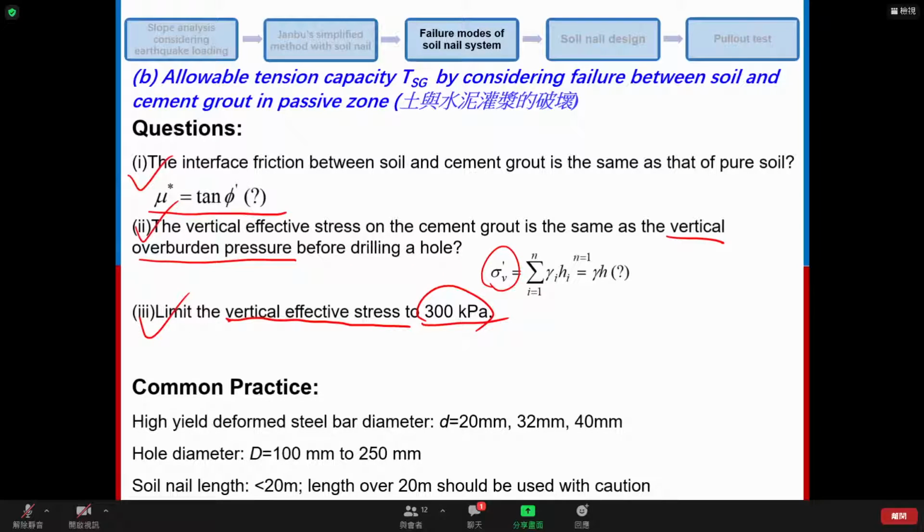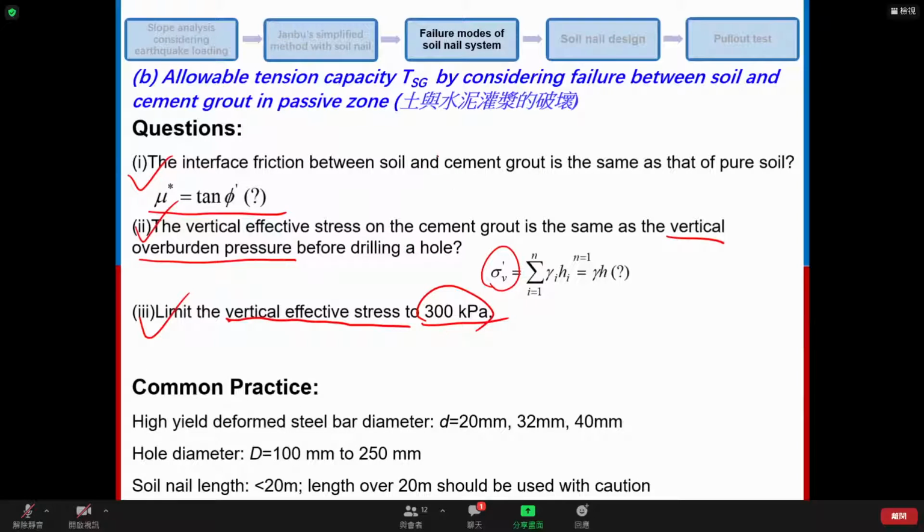So as an engineer, we should know the background, why we have that equation there, and what the limitation of that equation is, so that when we use it, we will know what caution should be taken. So we have some questions here and discuss the reason behind them with you.